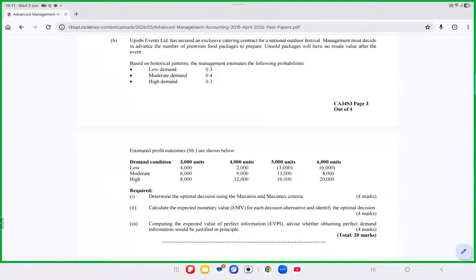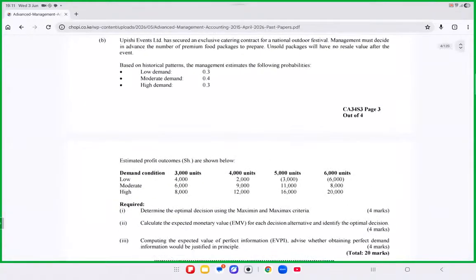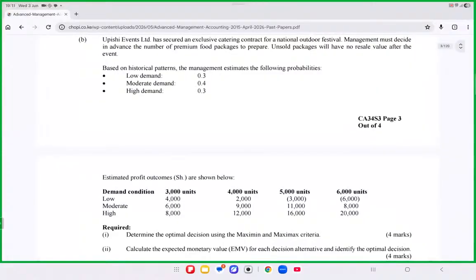Are you able to read that? Events Limited has secured an exclusive catering contract for a national outdoor festival. Management must decide in advance the number of premium food packages to prepare, and sold packages will have no resale value after the event.